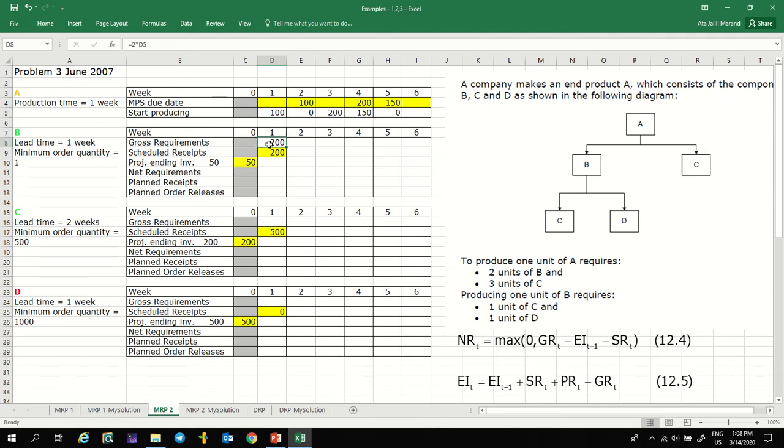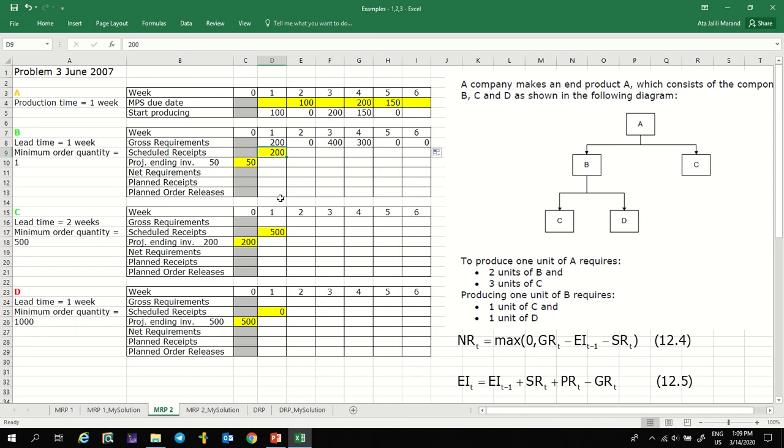That is why we have 200 here. And it is the same for the next week. So we have 400 for week 3 because we want to start production of 200 units of product A, and so on.